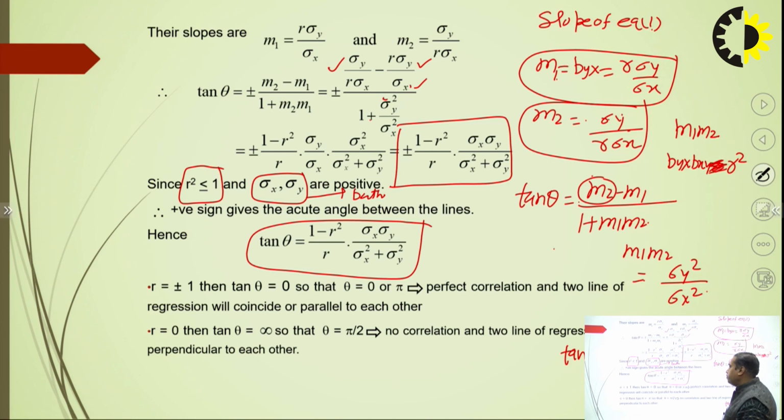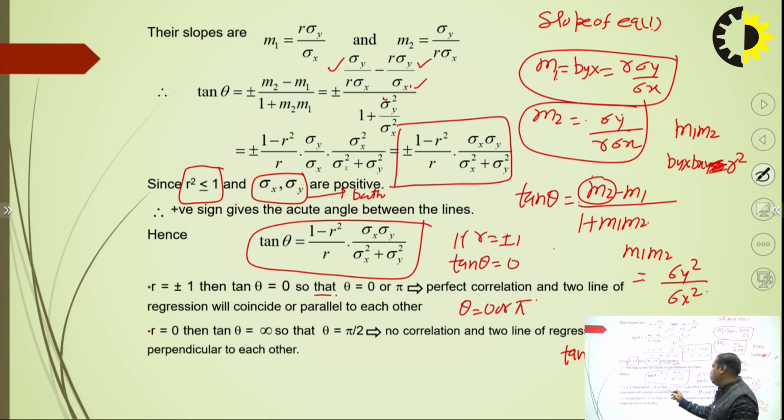If r is equal to plus or minus 1, then it becomes 0, so tan theta is equal to 0, which means theta is equal to 0 or pi.